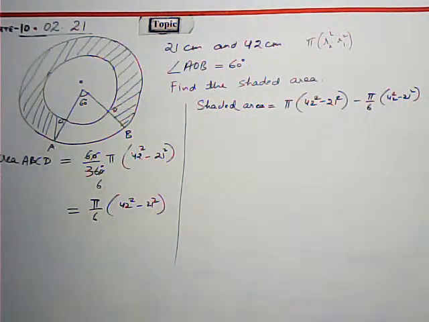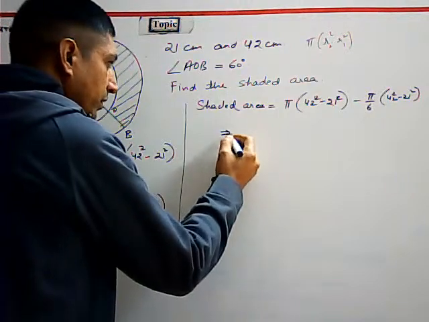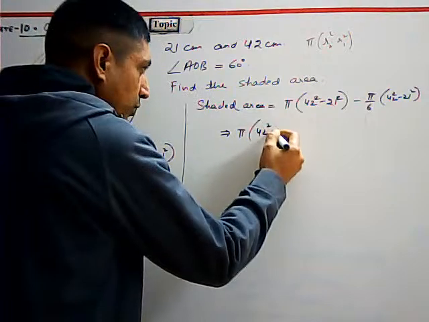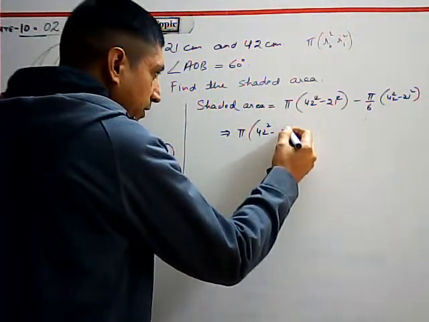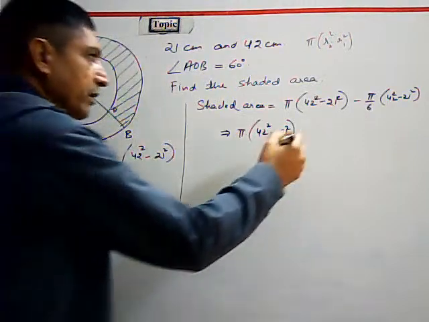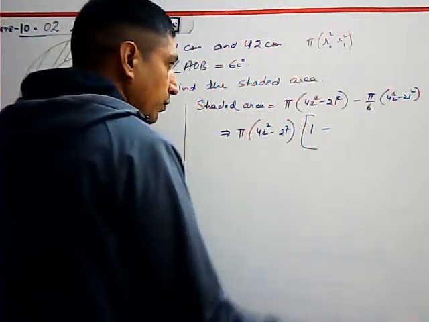So this is the shaded area here. So we can take common pi into 42 whole square minus 21 whole square, right, into 1 minus 1 by 6.